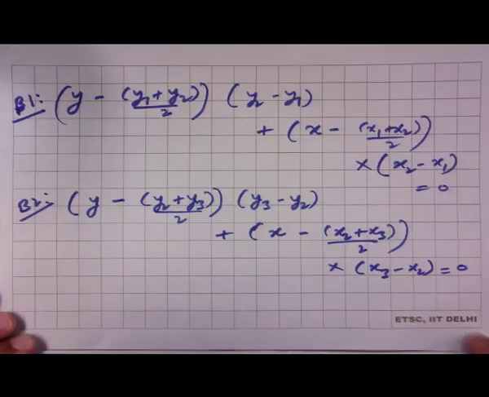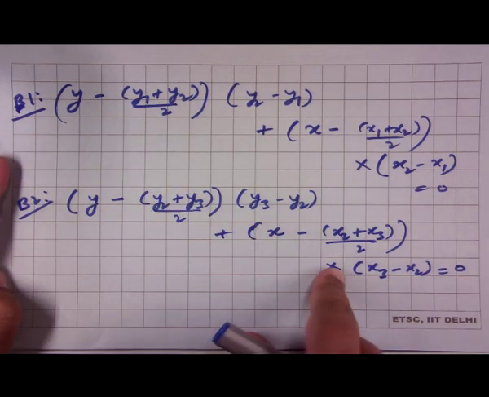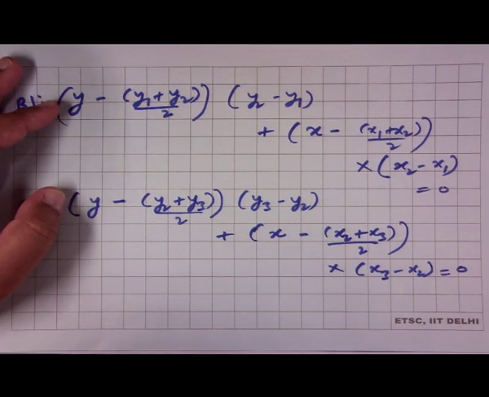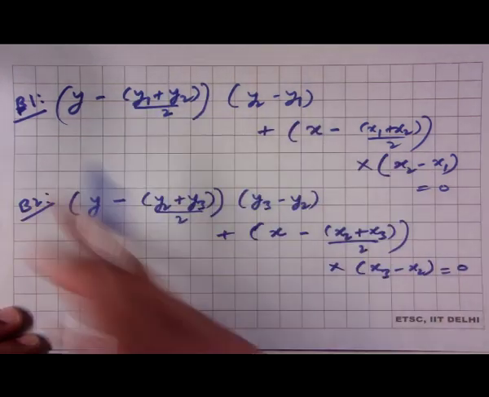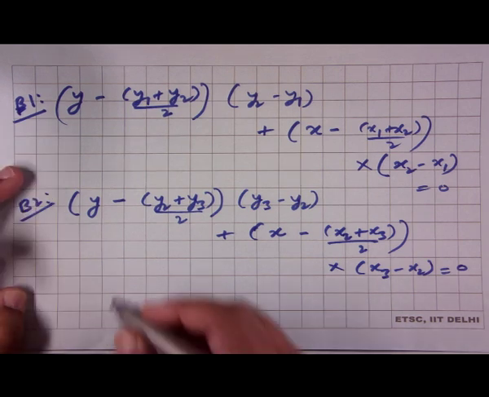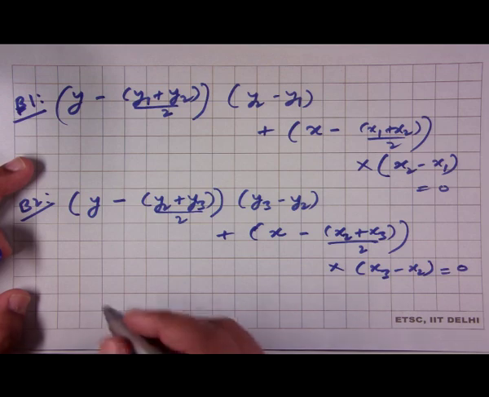So, to find the center of this circle, we just need to solve these two linear equations simultaneously, and let the x and y, which is the solution of these two equations, be represented by x naught, y naught.